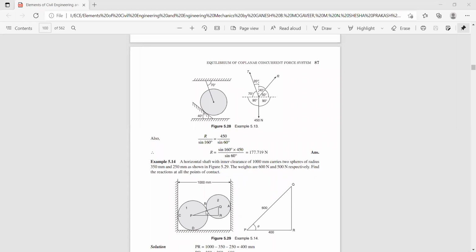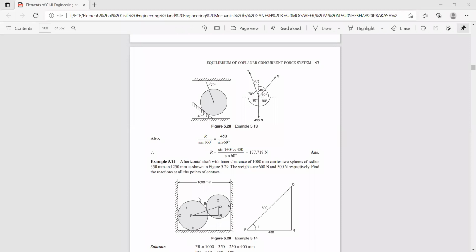We can call this contact point as point B. And this sphere is making a contact on this side, C. So these are the 4 contact points you have: A, B, C, D.